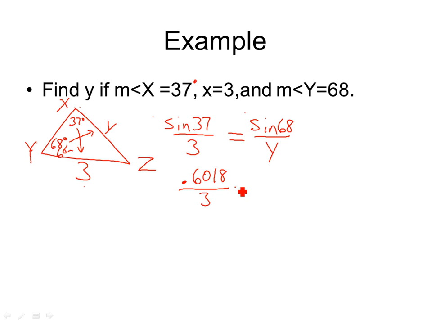That's still over 3. Then you do the sine of 68, so hit sine on your calculator, 68, and that gives you 0.9272 when we round it off. That's over y.